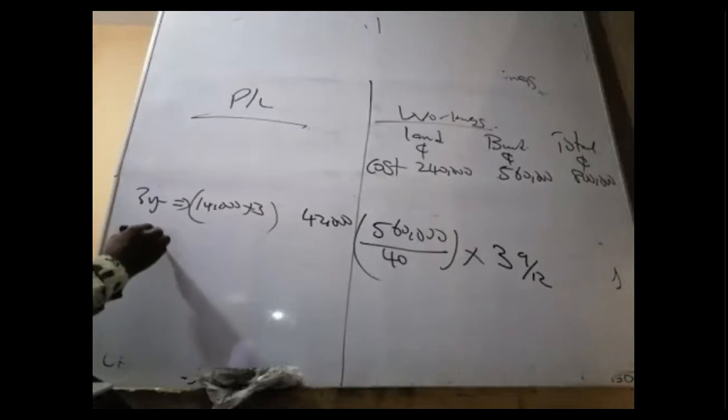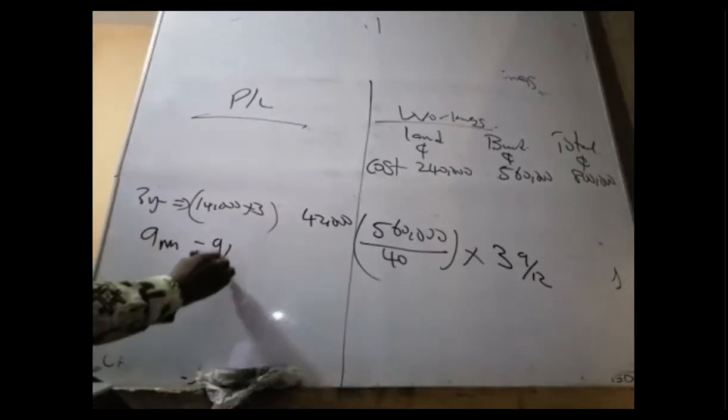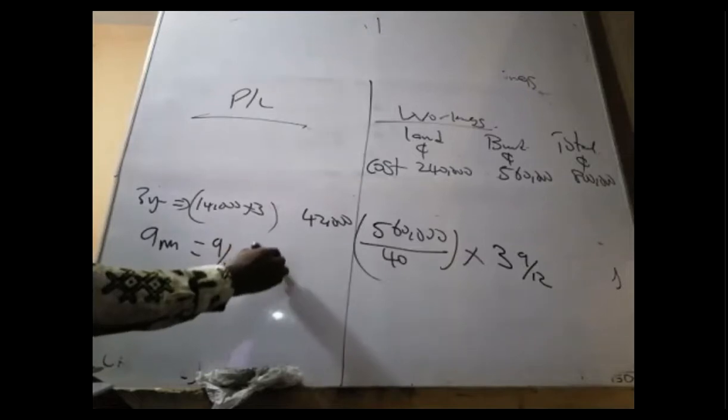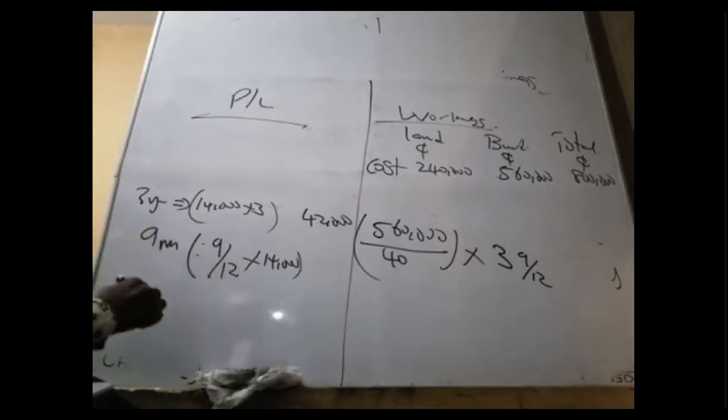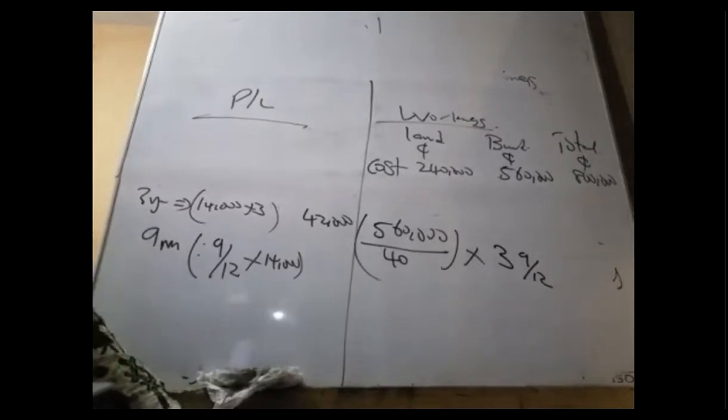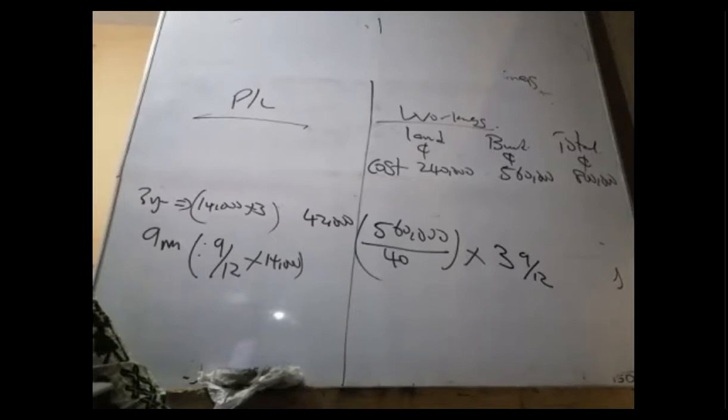Good. And then 9 months will be 9 out of 12 times 14,000. That gives 10,500.